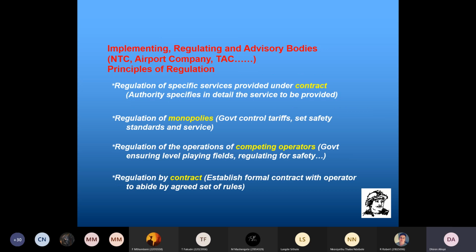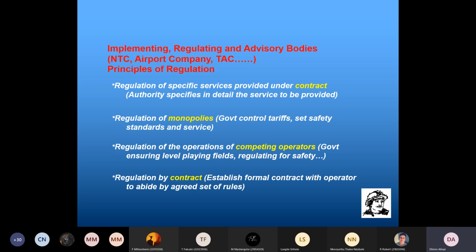And so we have different advisory bodies. Again, if you look at your notes, you will see the National Transport Commission, airport companies, the Transport Advisory Council. So there are various advisory bodies.